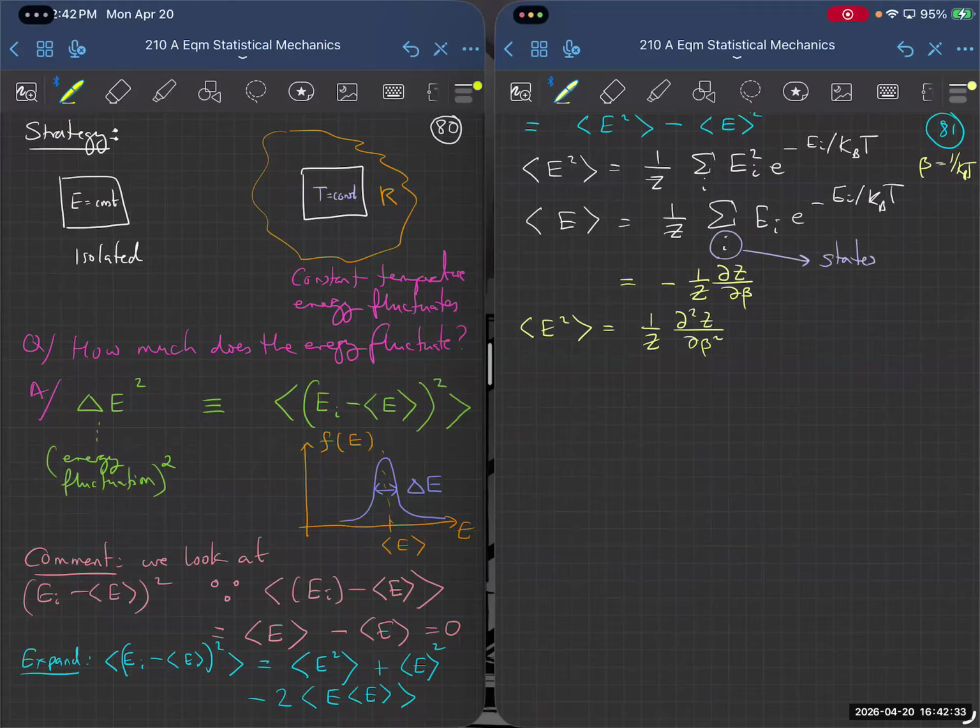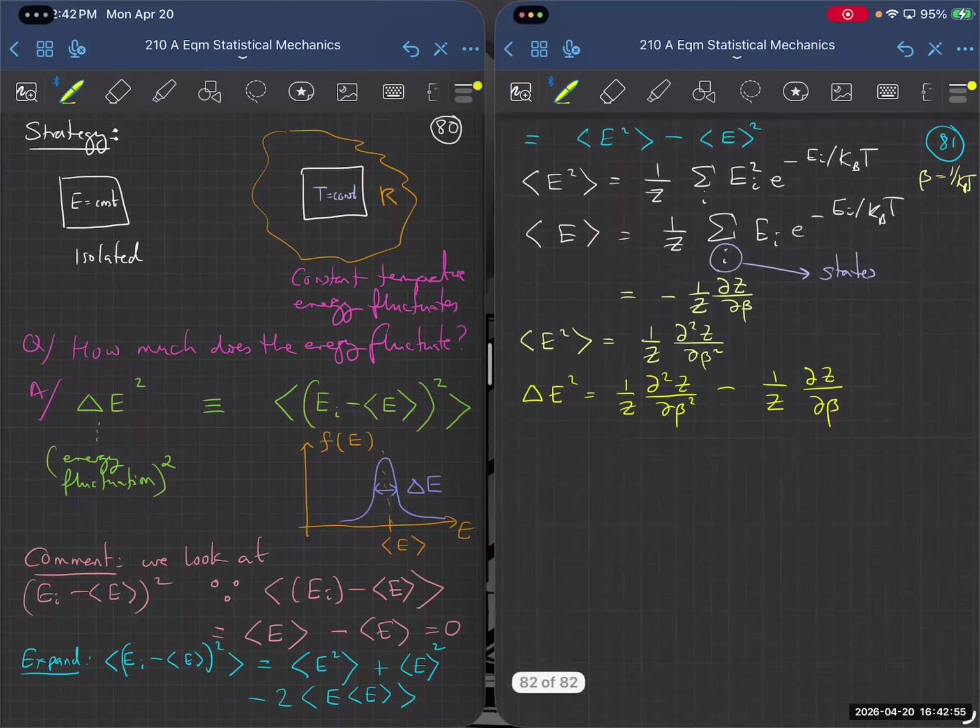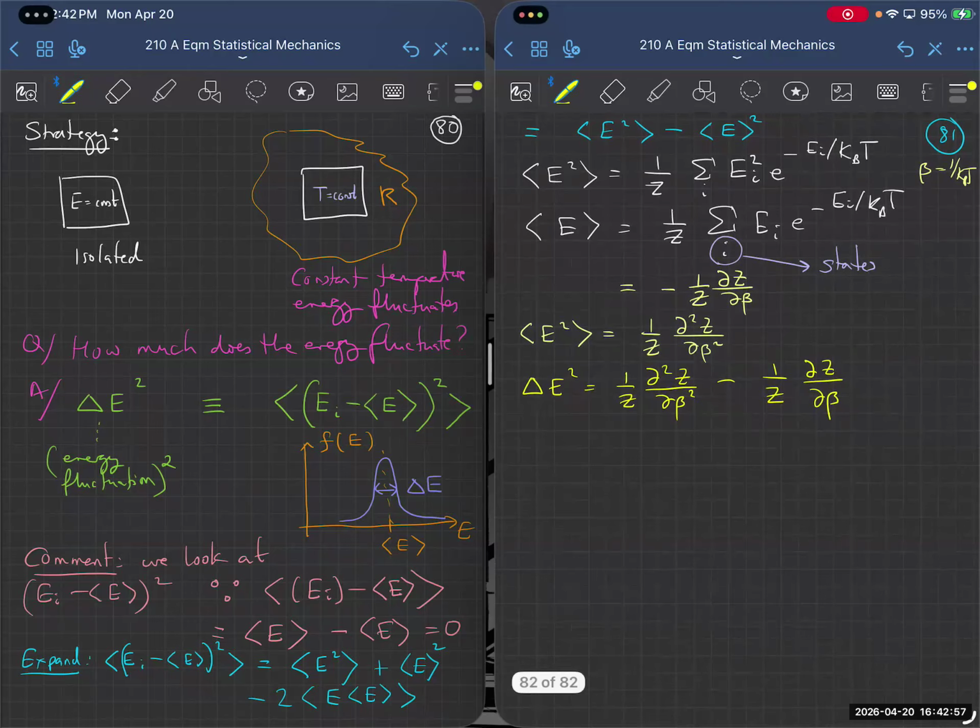And now I've just put those two things together. So delta E squared is equal to 1 over Z d2Z by d beta squared minus 1 over Z dZ by d beta, which I have to square because of the E squared.